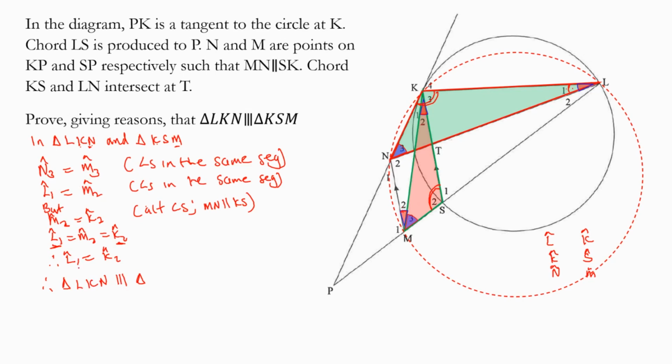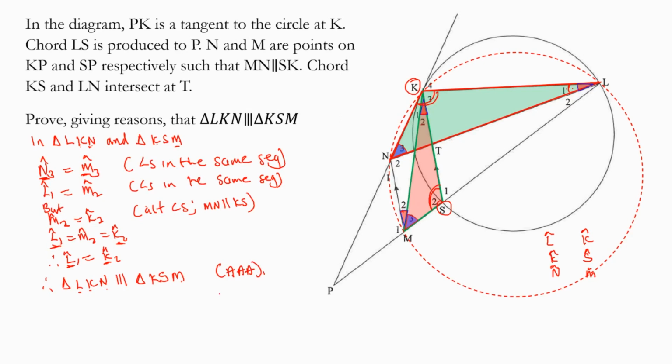L goes with K, K goes with S, and N goes with M. So we've proved that triangle LKN is similar to triangle KSM. And then the reason, don't forget, angle, angle, angle.